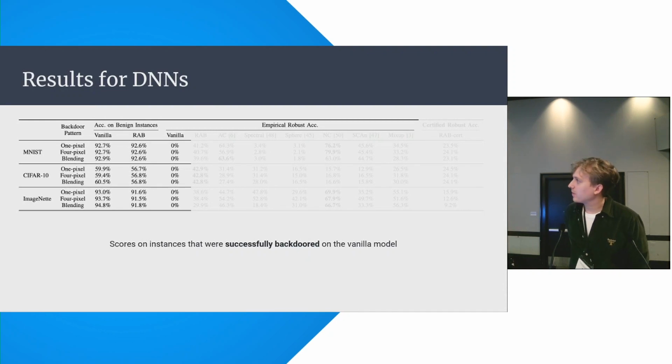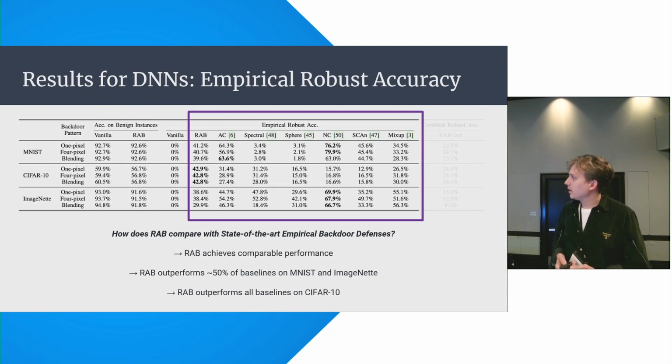At the same time, we also consider empirical robust accuracy in order to compare with methods that empirically improve robustness against backdoor attacks. And for that, we evaluate the empirical robust accuracy only on instances that have been successfully backdoored against the vanilla model. And these are the results here.